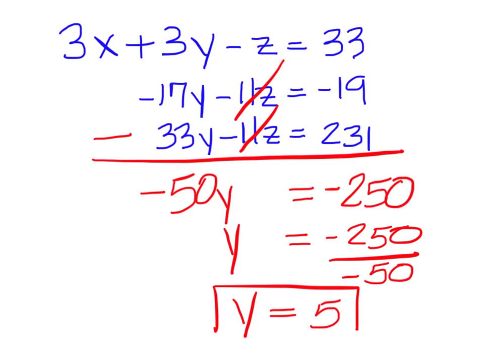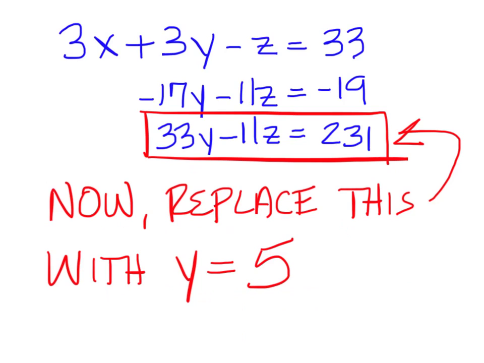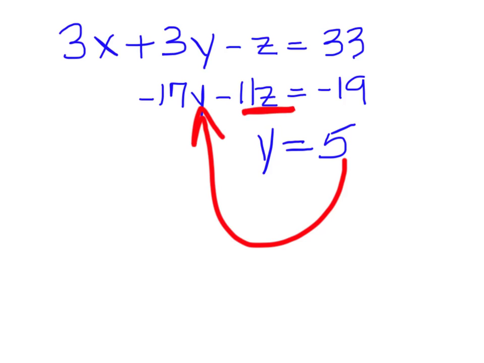So you just found 5 and replace that bottom equation with y equals 5. So there's your wedge formation. From there, plug 5 in there and solve for z. And once you have z, you can plug y and z back in there and solve for x.